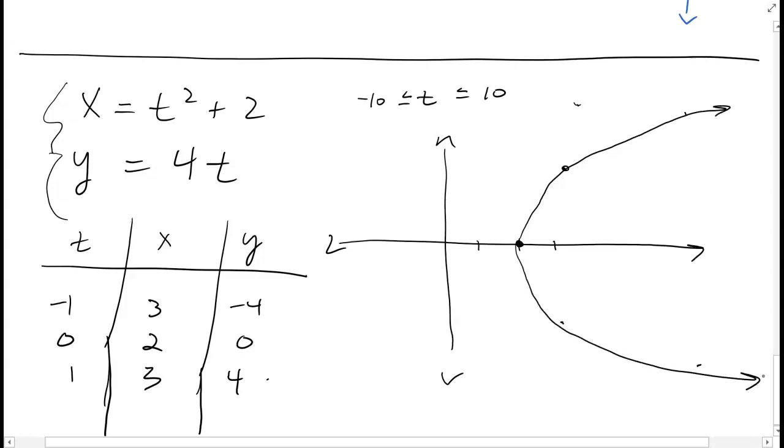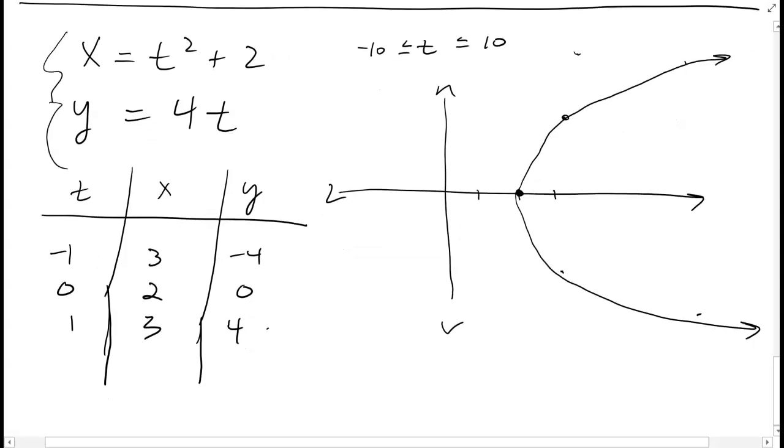this non-function parabola, right? Now, you can certainly try to find the equation for it by saying, all right, in this case, it'd probably be easier to solve for t equals y over 4.